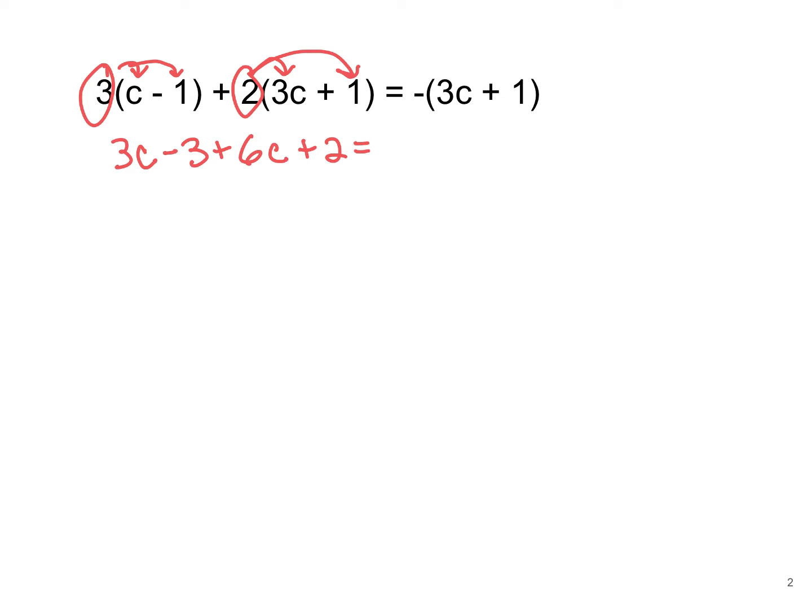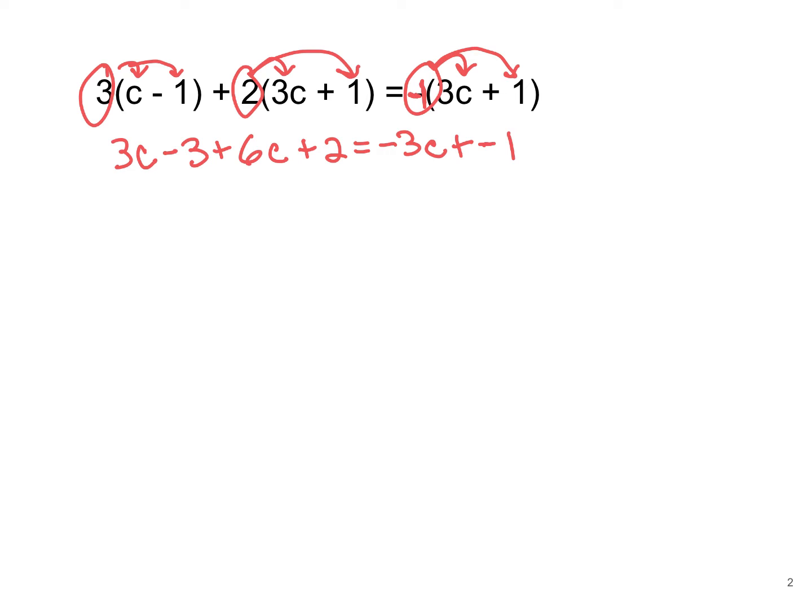And then notice how we have this negative on the outside. Mathematicians do not like to write down ones, so technically that is a negative 1. So we're taking a negative 1 and multiplying it in. Negative 1 times 3c is negative 3c, plus negative 1 times 1 is negative 1.